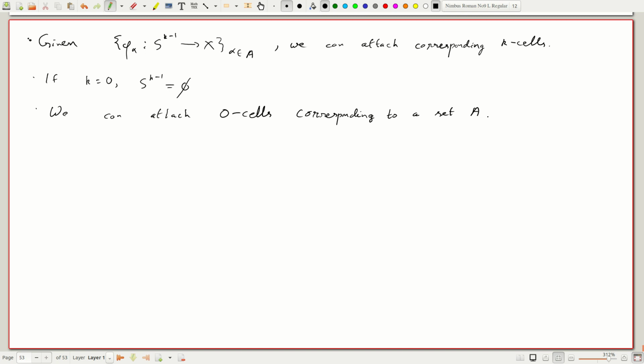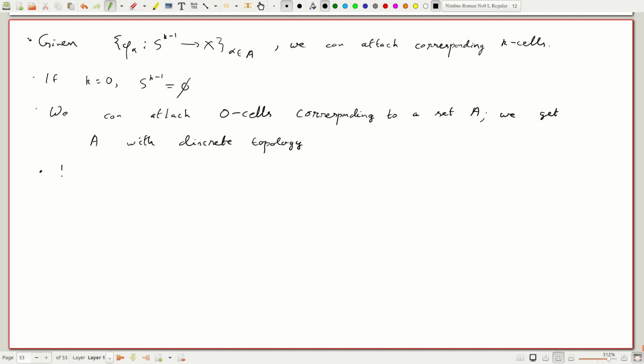I don't even have to name them. So what we get is A itself with discrete topology. Now, in general, you could also attach 0-cells to a non-empty space, and then you will get the disjoint union with A with a discrete topology.